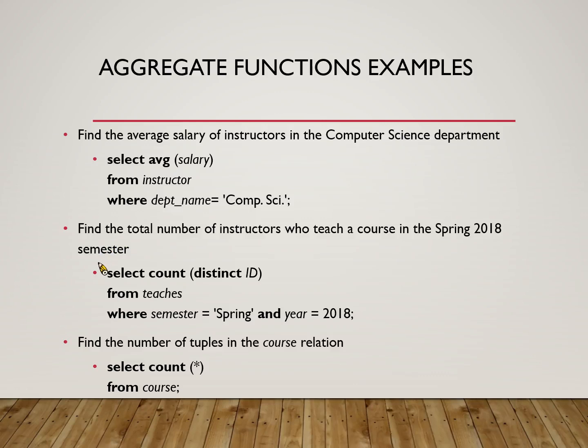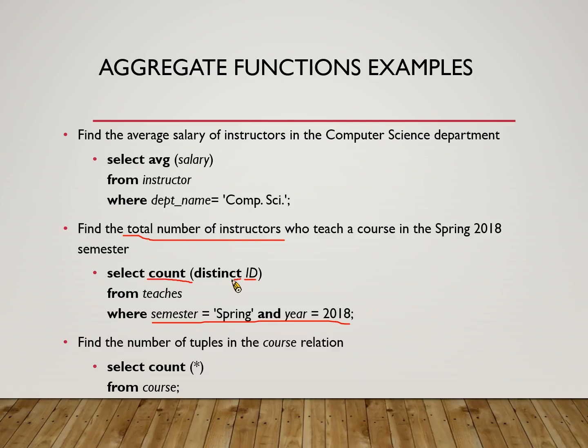And the second example is to find the total number of instructors who teach a course in the spring 2018 semester. You want to query the total number of instructors. So, in addition to the condition, we can directly use the aggregate function count, and the ID is the parameter to help us obtain the number of instructors.